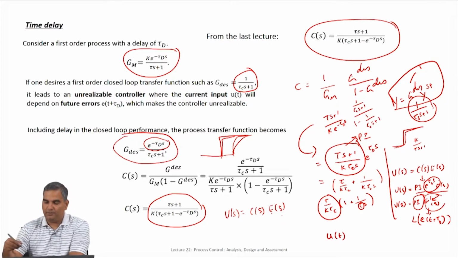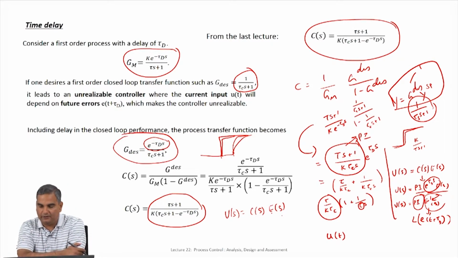However, we have a new problem because we have a controller transfer function which is in a form that we have not looked at before, and we do not know how to handle this at this time. So, we have to figure out what are the ways in which I can handle this transfer function.